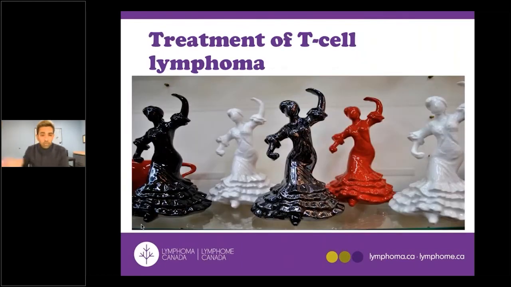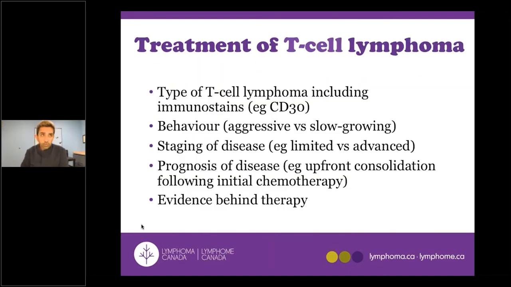Now, with that background, perhaps we can talk a little bit about treatment of T-cell lymphomas. You already know by now that there are different types of T-cell lymphomas. So whenever, as a specialist, I'm planning treatment for T-cell lymphoma, the first question I ask is, what type of T-cell lymphoma am I dealing with?